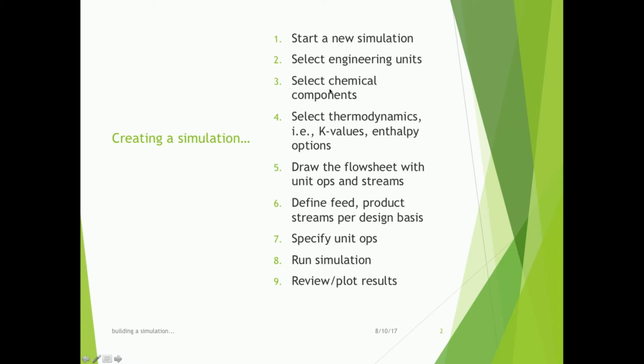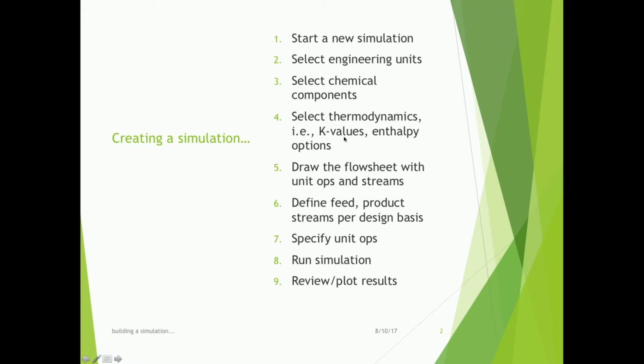Step number 3 is to get your set of chemical components in KEMCAD. So you'll have to go through the list they have and select them and get them into the simulation. It does not retain everything for all components. It's got about 1,400 components in its data set.